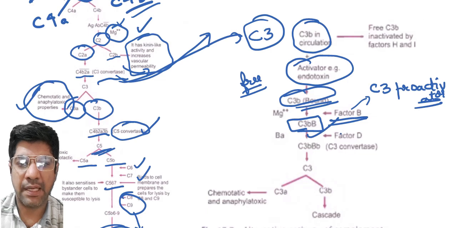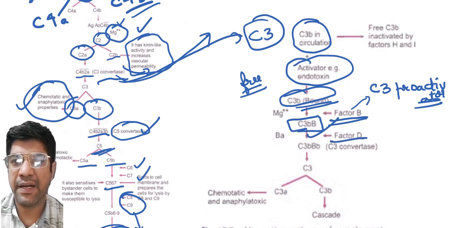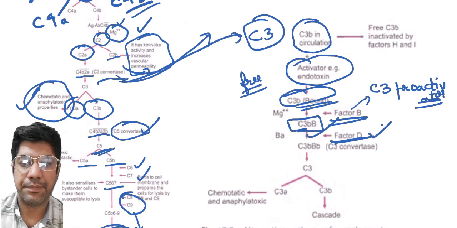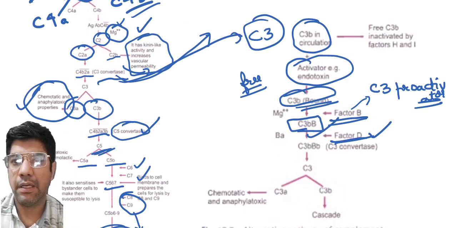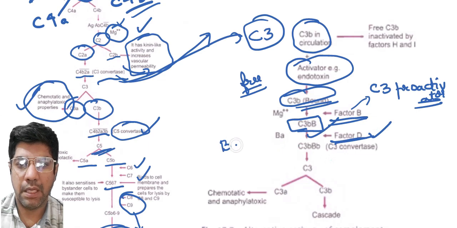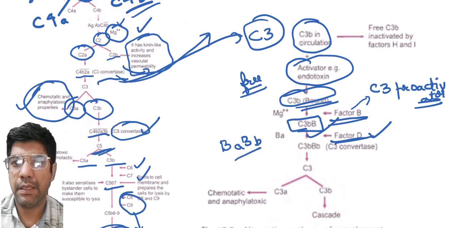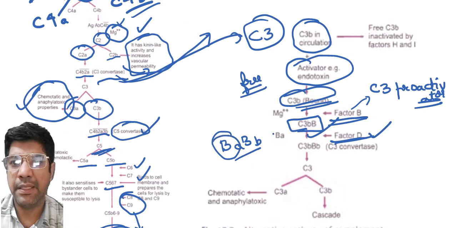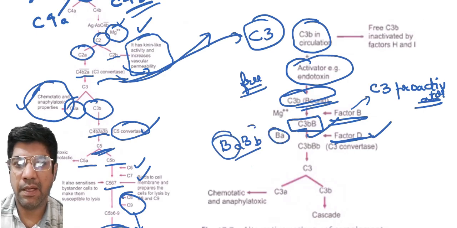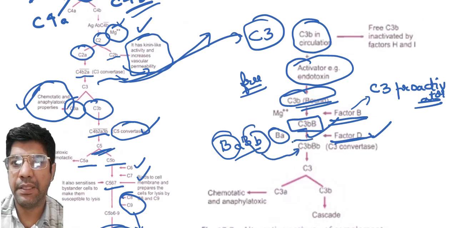This complex is cleaved by another serum protein, factor D. This cleavage results in production of two fragments, Ba and Bb. Fragment Ba is released in the surrounding media, while fragment Bb remains bound to C3b.